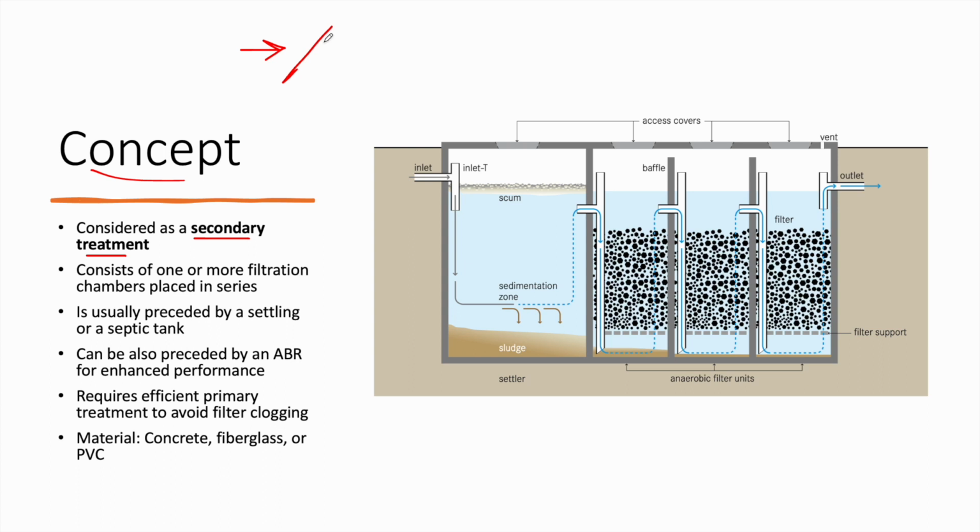So any big material that might damage a wastewater treatment system and clog the pipes. Then we have the second or primary stage, which is usually a sedimentation tank. That can be a septic tank. It can be an ABR, for example. It can be any system that would remove the suspended solids.